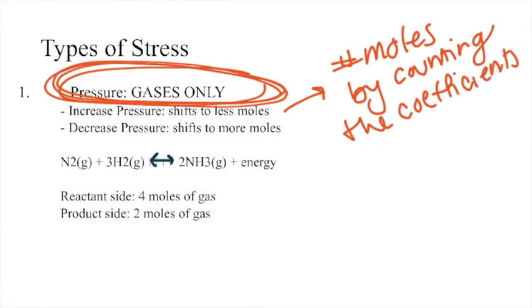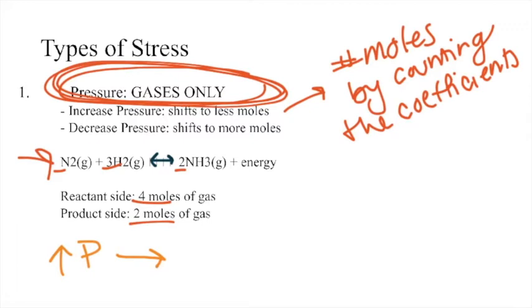So in our example here, our reactant side, we have 3 moles of hydrogen gas and 1 mole of nitrogen gas, so we have 4 moles of gases. And on our product side, we have 2 moles of ammonia, so we have 2 moles here. So if I were to increase the pressure of this system, the shift would move in the forward direction, right?